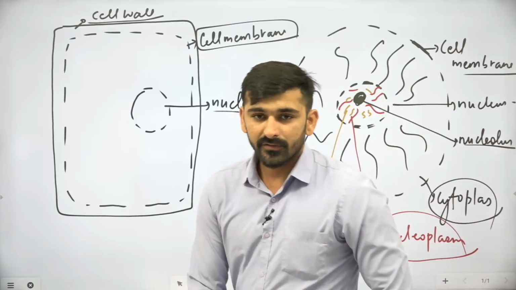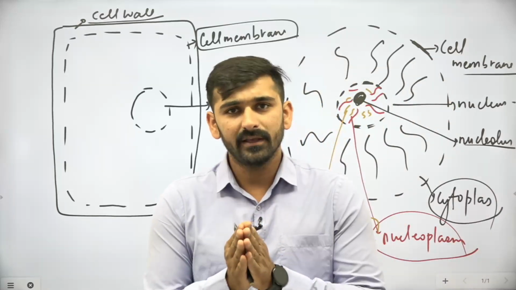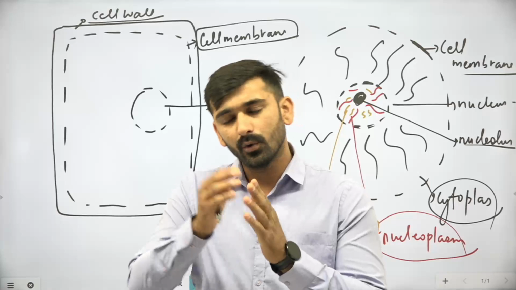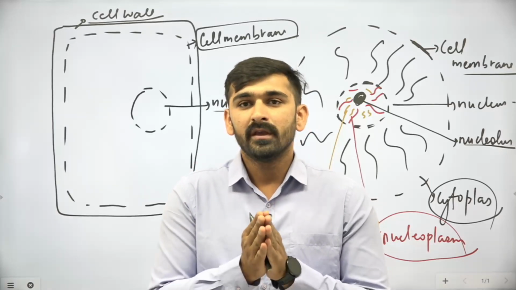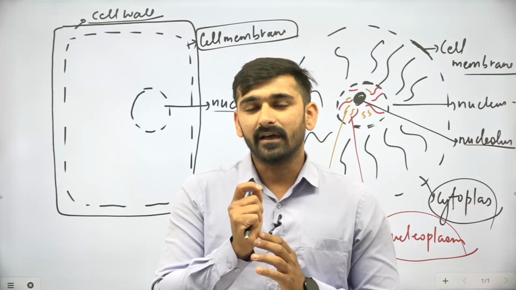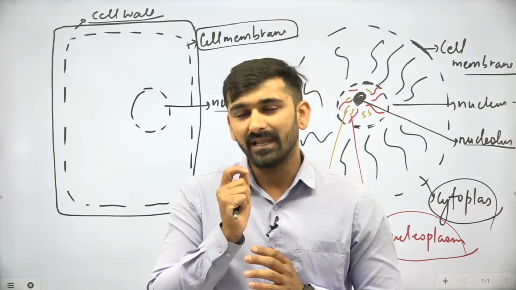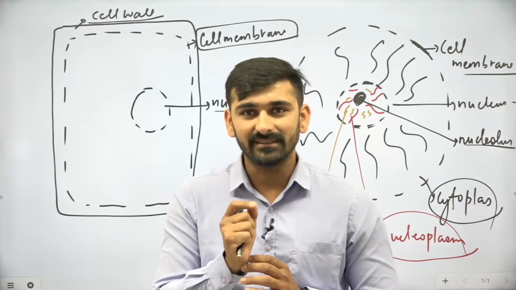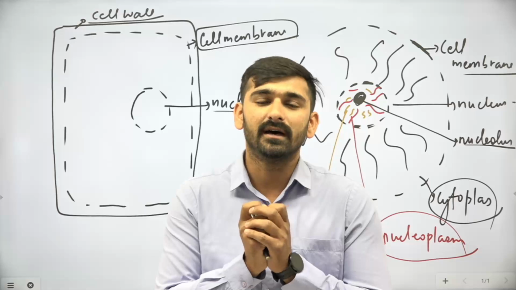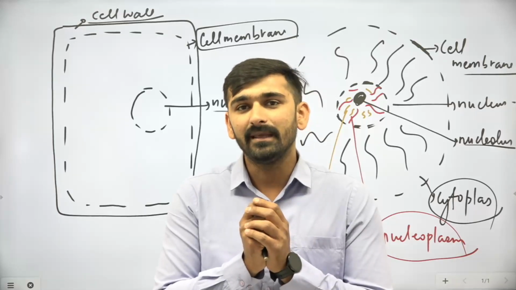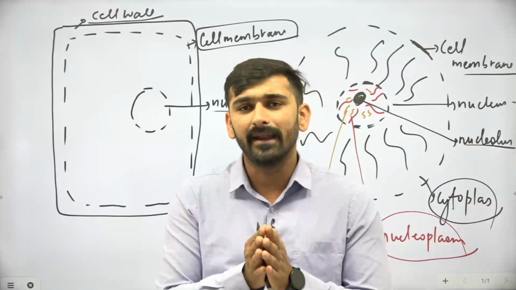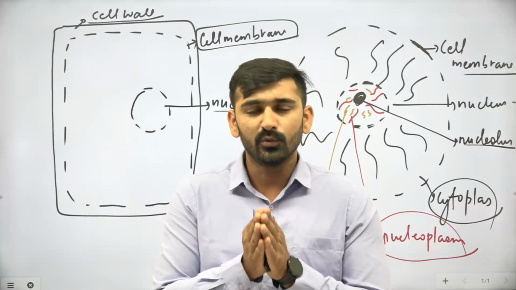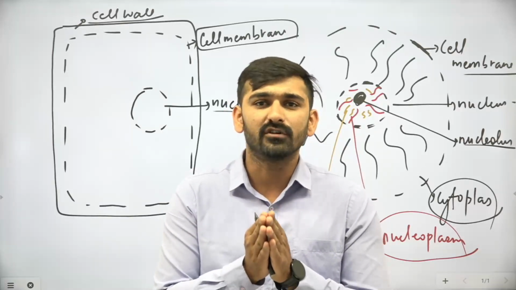So the cell is the smallest structure, and if we go deeper and deeper we can study many more things. The life of a living body starts with one single cell that meets with another cell, and finally these cells keep on dividing. In a human or animal body, there are trillions of cells.